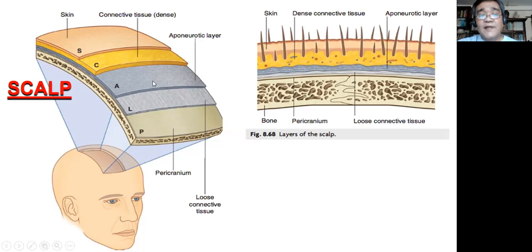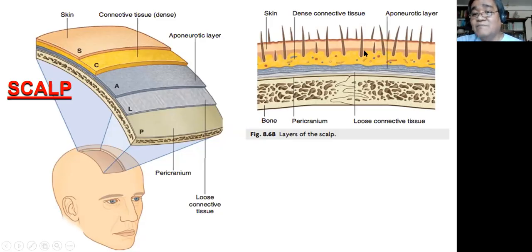The next layer, L, is the loose connective tissue layer. This layer, from the name itself, is called loose because it is made up of areolar connective tissue. And it is this layer that is responsible for allowing the first, the second, and the third layer of the scalp to glide over the cranium, over the cranial bone.